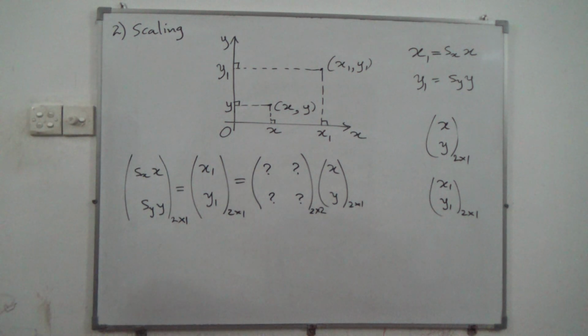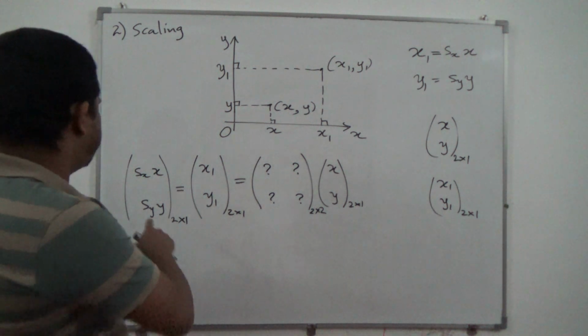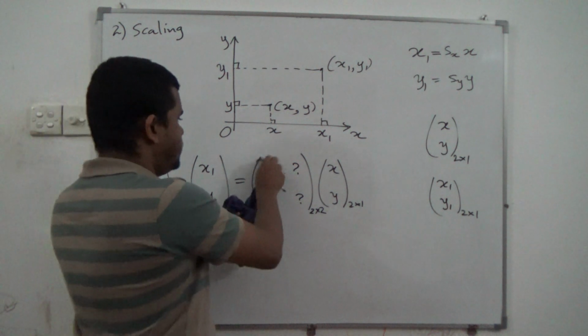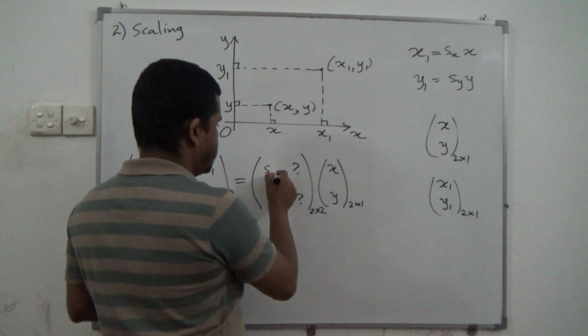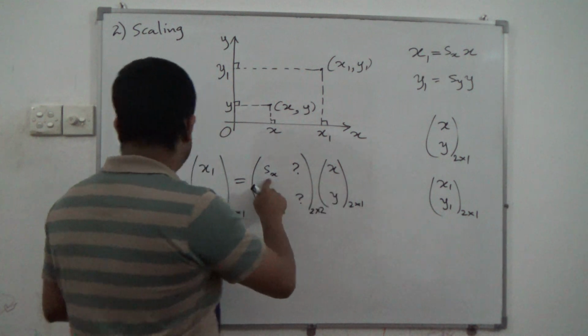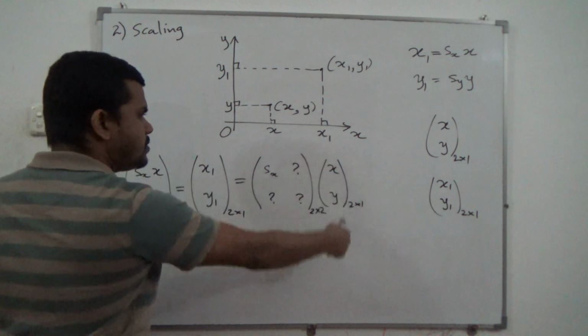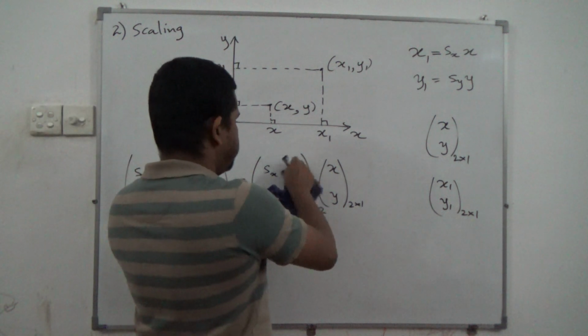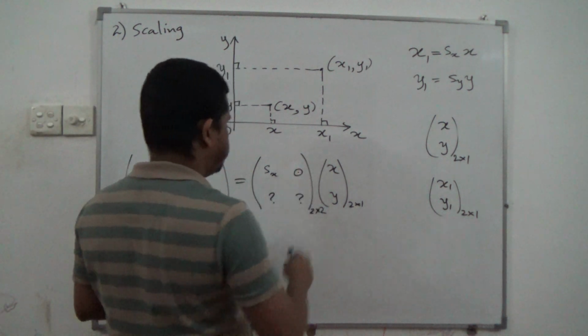Now we need sx into x, so here we put sx, and you get x, this term, this row and this column, you get this one. Therefore here it should be 0.